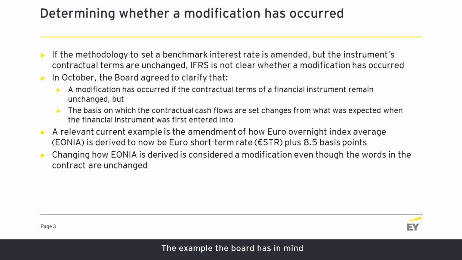The example the board has in mind is the recent amendment of the way that Eonia is derived to now be ESTER plus 8.5 basis points. Changing how Eonia is derived is viewed by the IASB as a modification of the contract, even though the words in the contract have not themselves been amended.